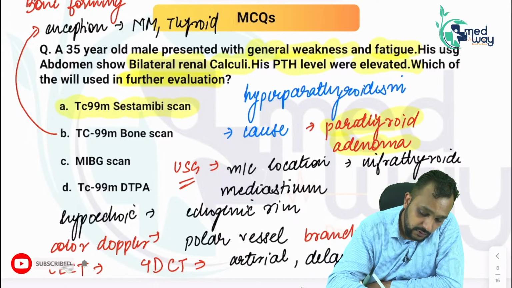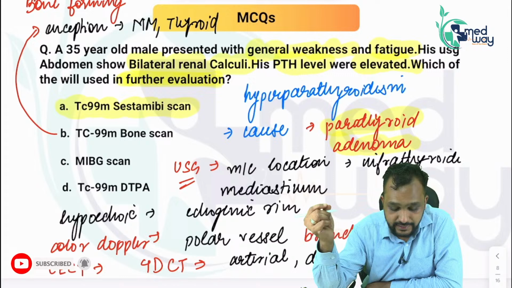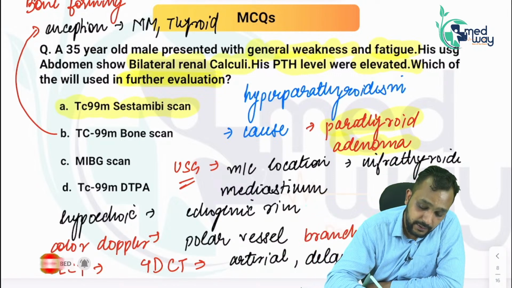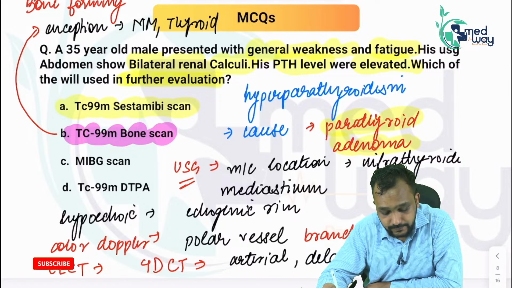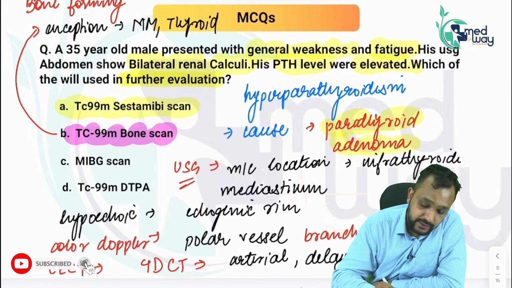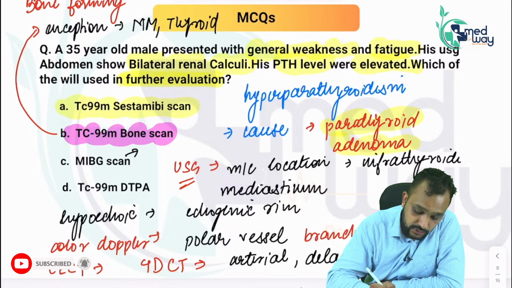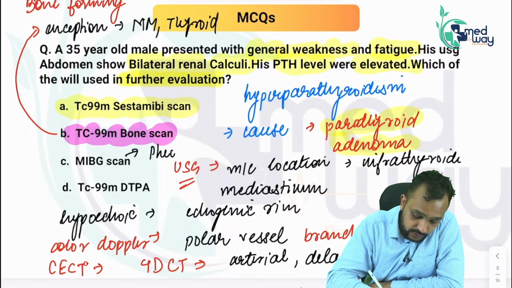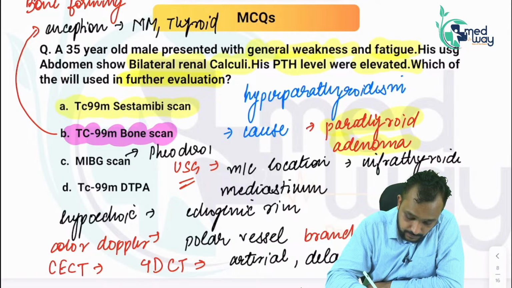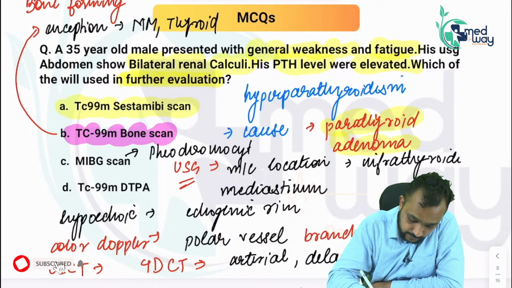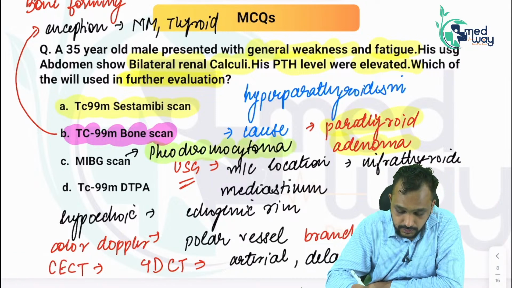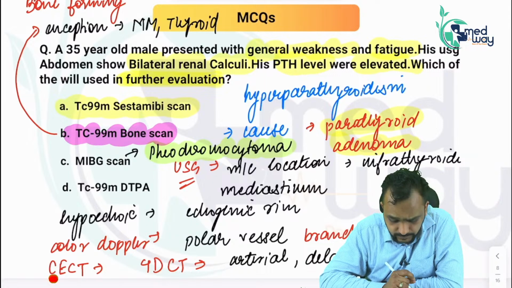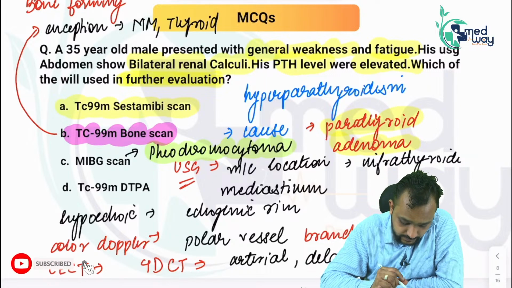Multiple myeloma is not going to show increased uptake on the technetium bone scan, right? Now talking about MIBG scan, remember this scan is used to pick up pheochromocytoma, and also neuroblastoma can be seen on the MIBG scan, right?